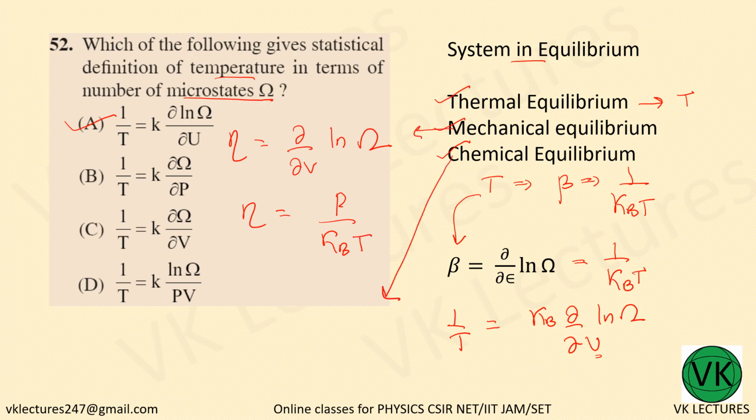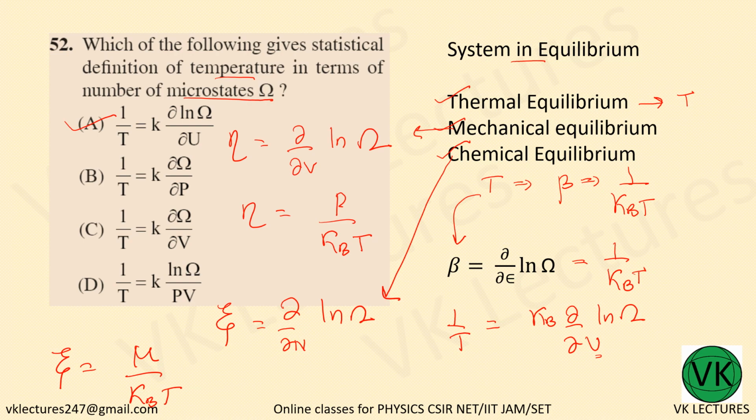Now for chemical equilibrium you can write zeta equal to dou by dou n of log omega, where n is number of particles of the state, and zeta is equal to mu by kBT.